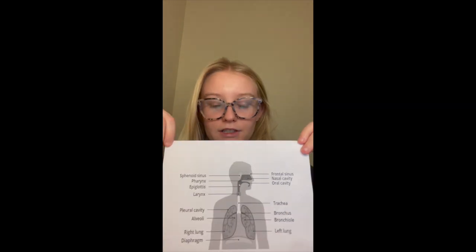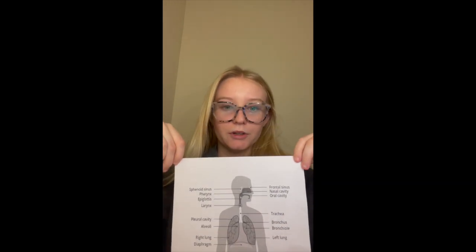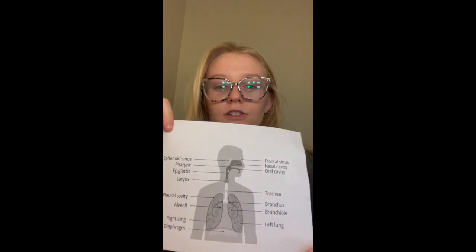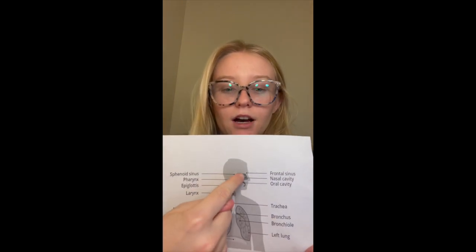All right, so the next unit we're going to talk about is respiration. And from Differding's respiration lecture, respiration can be defined as the exchange of gas between an organism and its environment. So I have this image here to help orient us to some of the basic anatomy before we dive into the details. So starting up here, we have the nasal and oral cavity, which is where oxygen is going to enter the organism.